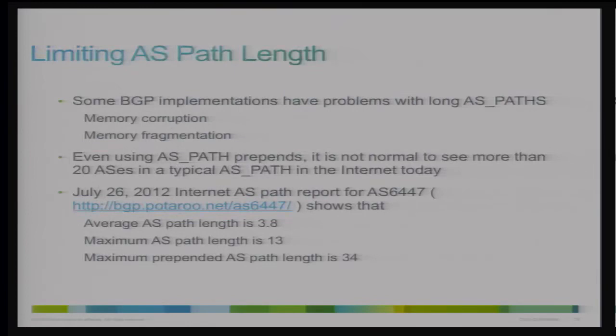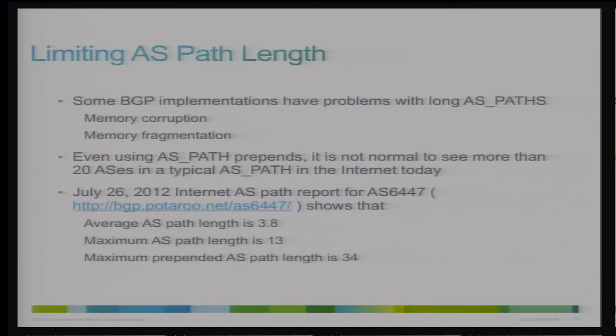So, limiting AS path lengths. The reason that you want to be careful when you are prepending or adding AS-path lengths is some implementations have limitations in terms of how many AS-paths you can accommodate in the update.